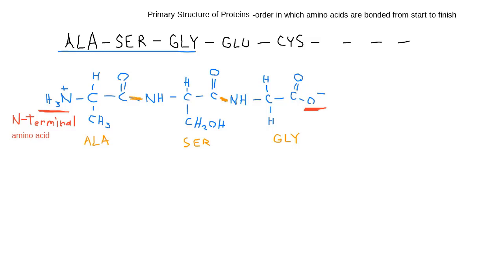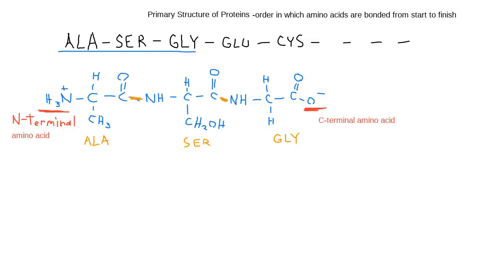And this is going to be the C-terminal amino acid on the right-hand side. So the primary structure of proteins just indicates what amino acids are bonded to each other. On one end, you'll have the N-terminal amino acid, and on the other, the C-terminal amino acid.